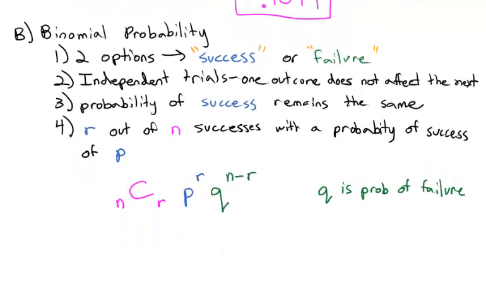So basically, we are looking at all the different orders times all the different successes times all the different failures.